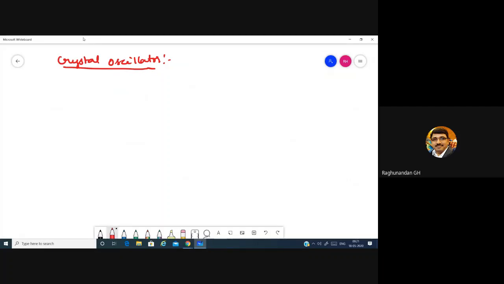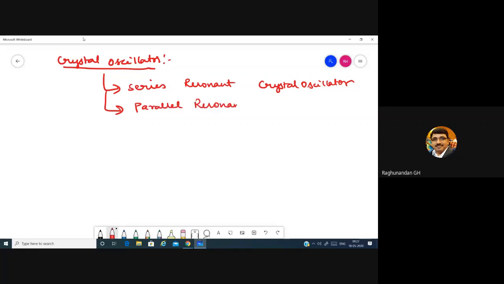In these crystal oscillator circuits, we'll have two things: one is the series resonant crystal oscillator, and the other one is the parallel resonant crystal oscillator.